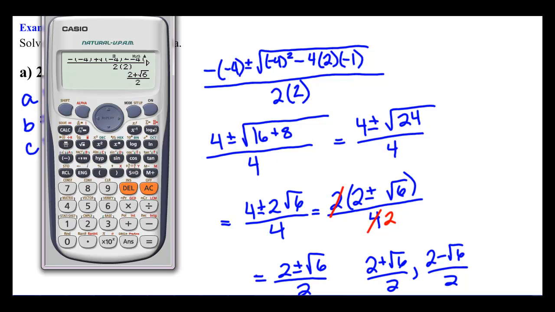If you hit equal, it's going to give you that 2 plus the square root of 6 over 2. Now, if you want to go back in there and just correct that plus to a minus, this is going to give us our second answer. So the 2 minus root 6 over 2. So again, your Casio is also a useful tool.